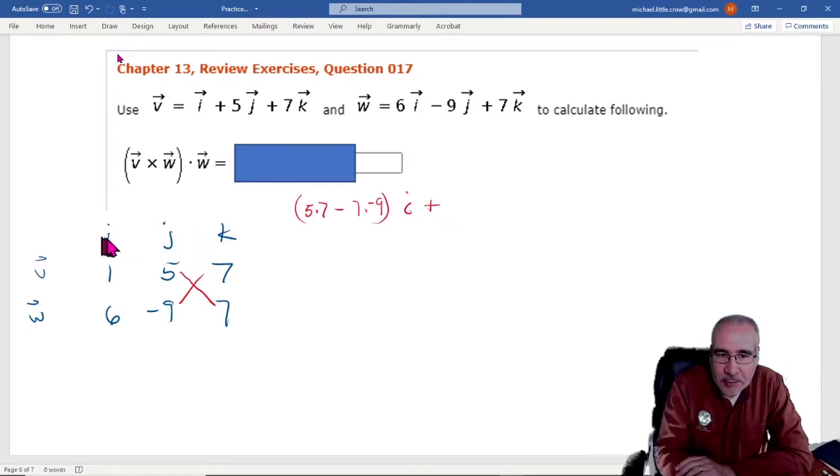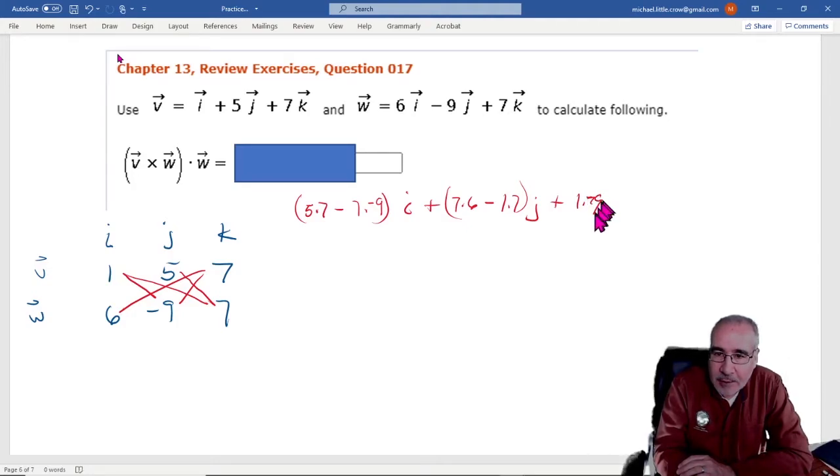J component comes from I crossed with k, but backwards. So we first do 7 times 6, and then we subtract 1 times 7. That is the j component. And then for the k component, we cross the I and the j again, starting from the upper left-hand corner. 1 times negative 9.